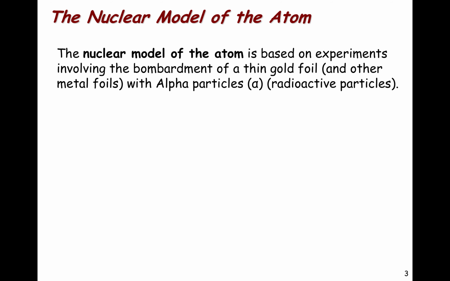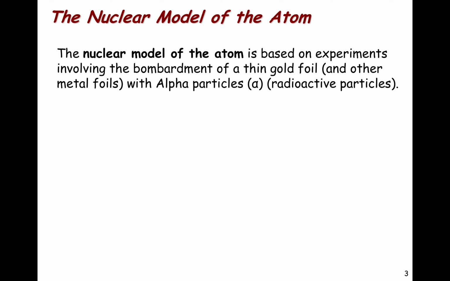Rutherford performed an experiment that helped us understand the so-called nuclear model of the atom, which is a model that places most of the mass in the center of the atom. This was done by taking advantage of radioactive particles that were produced by radium, which was discovered by Marie Curie.